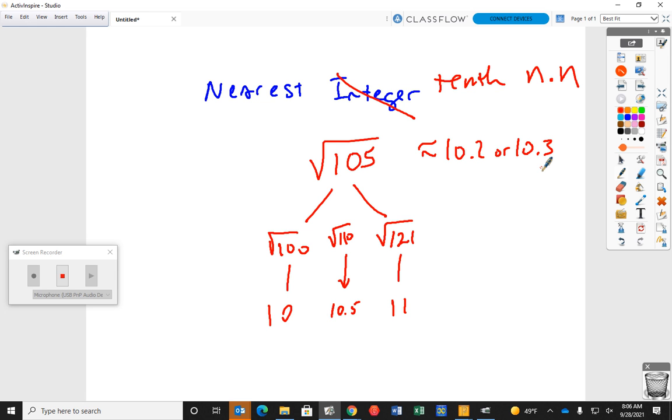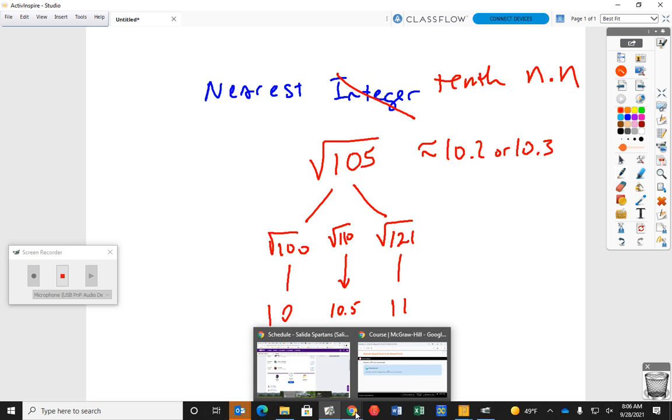Does that make sense how we found that? Yes. All right, so remember, are you going to get an exact answer here? What is the key word here? It says estimate. When you're estimating, you're going to have to get close to it.